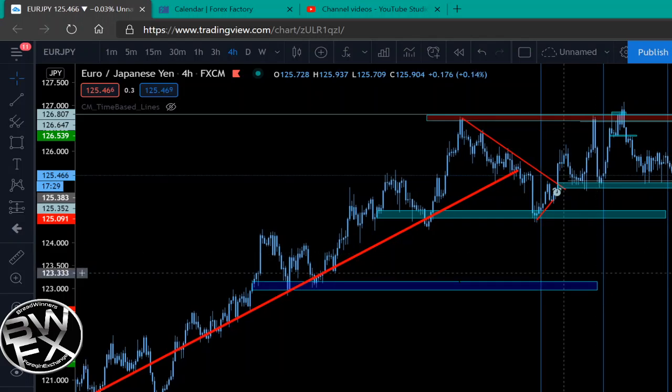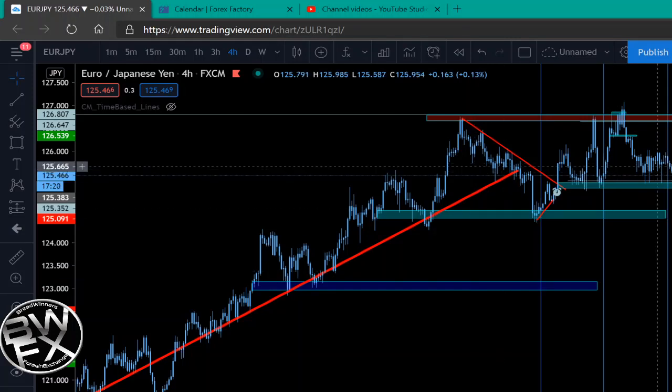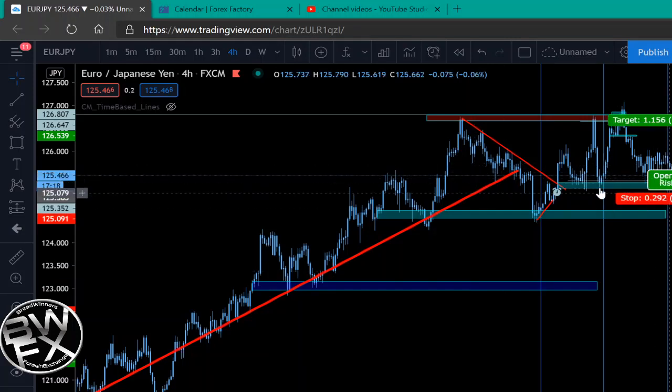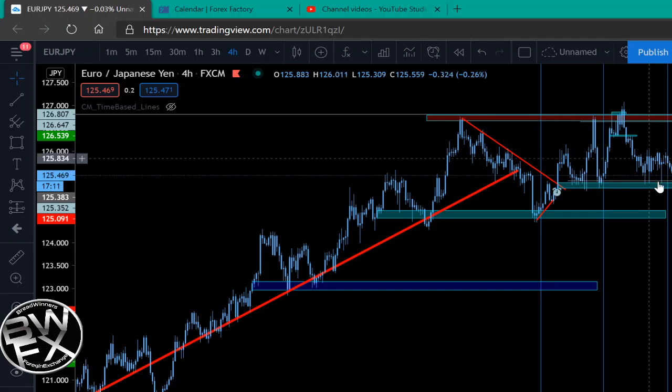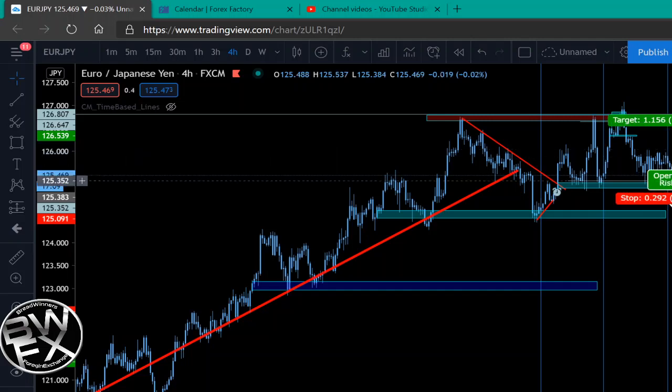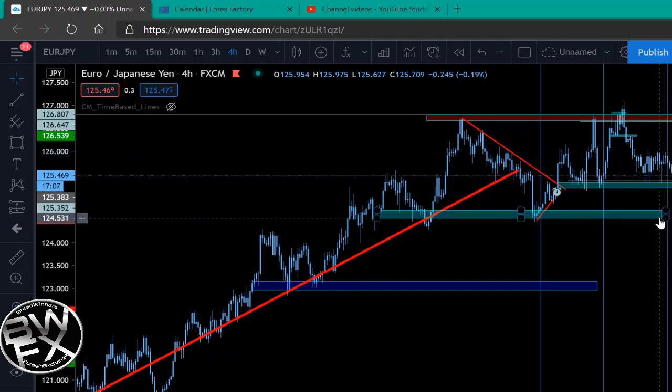We'll see how he does at this level here, because the second level here is a small buy level, so price can still accumulate, like it has done, and then shoot through to either this level or here.